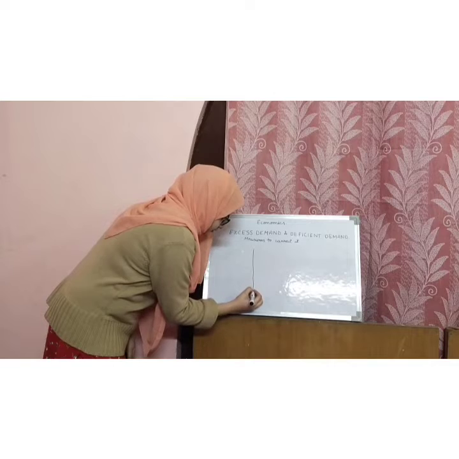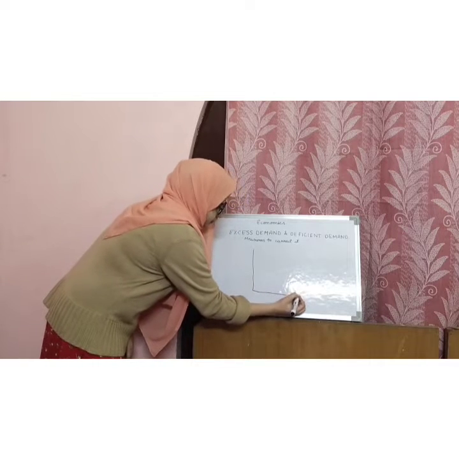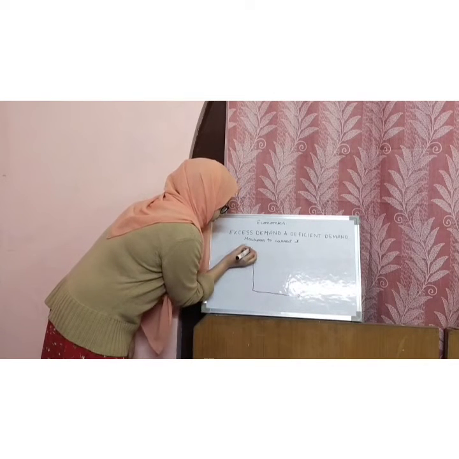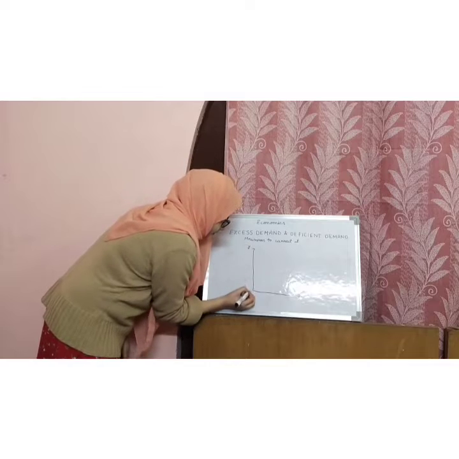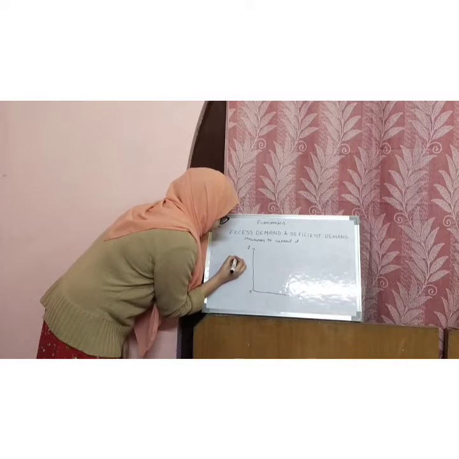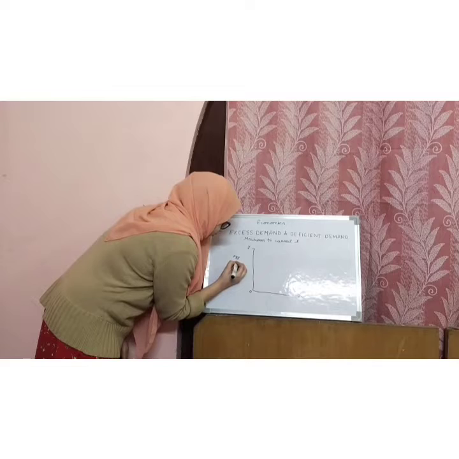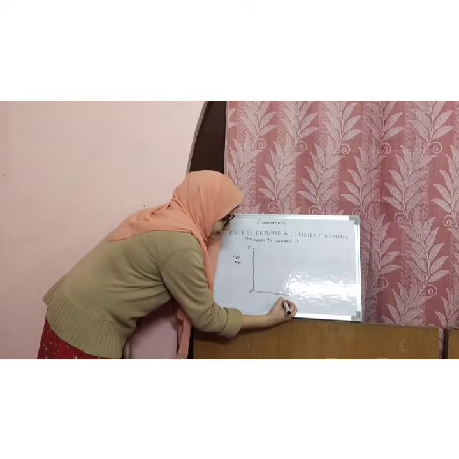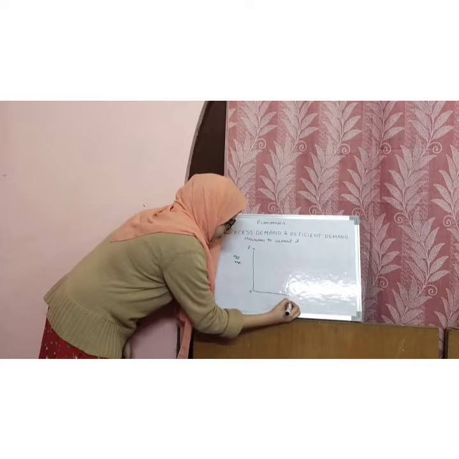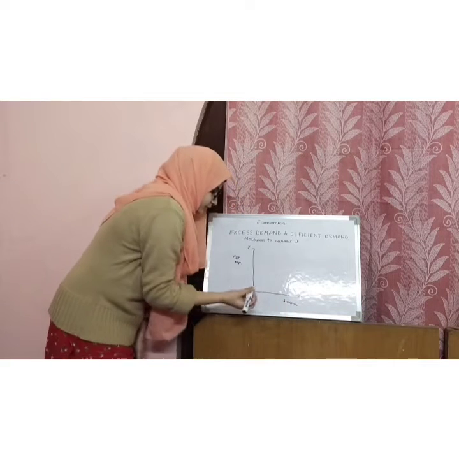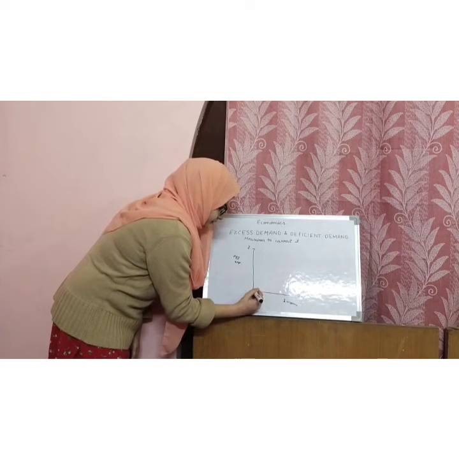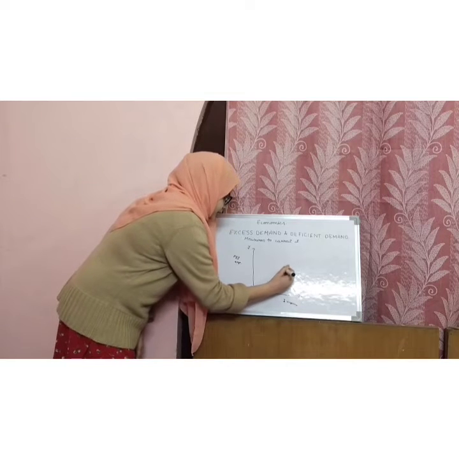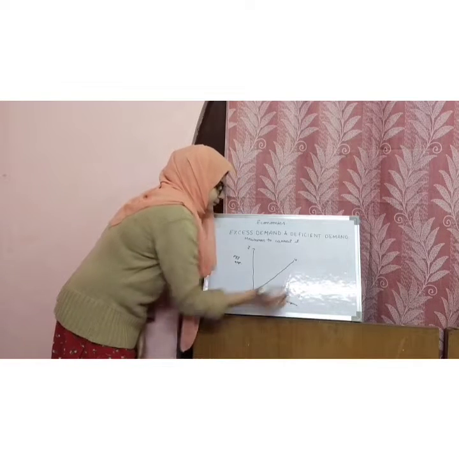First, this is the x-axis, this is the y-axis, and on the y-axis we have taken aggregate expenditure like before, and on the x-axis we have taken income. The income line starts from this. This is our income line.